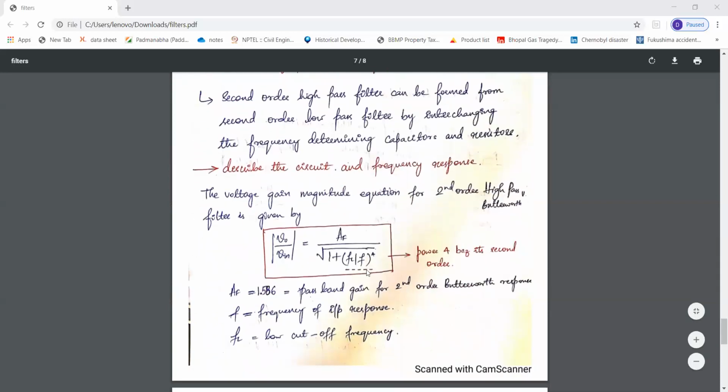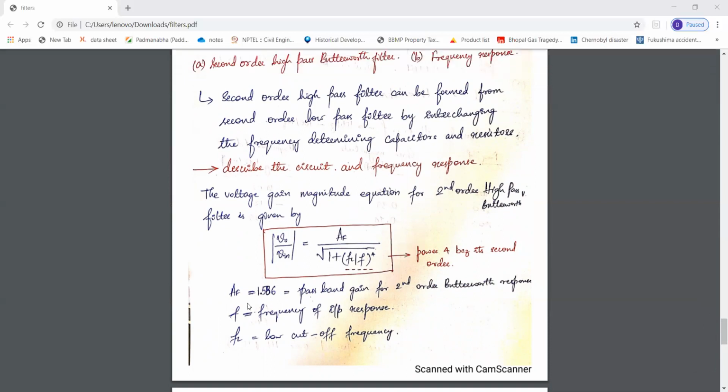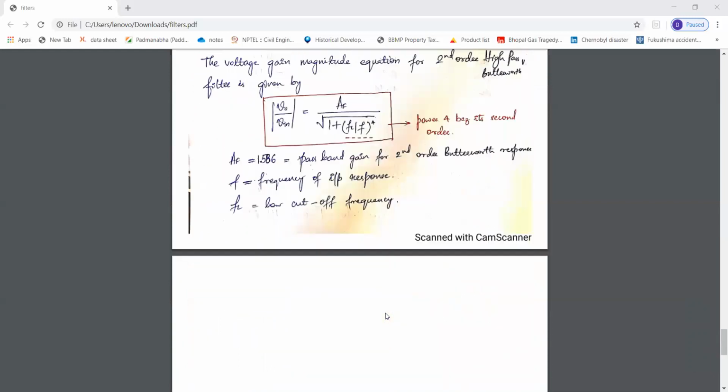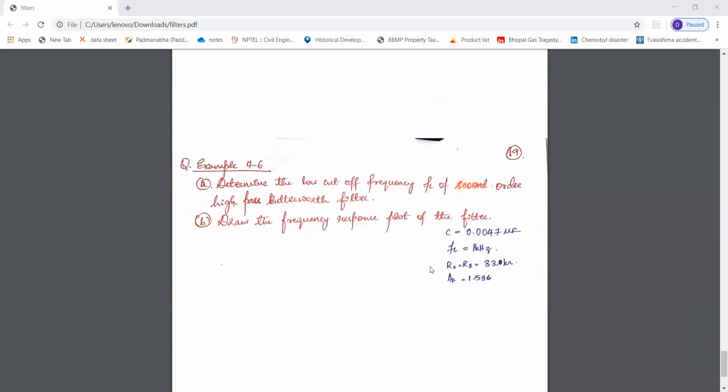And from the equations, the power of 4 lets me know that it is second order. And for the second order Butterworth response of the filter, the passband gain should be equal to 1.586. This is very, very important. You are supposed to remember this. And this is one more problem that you are supposed to solve.